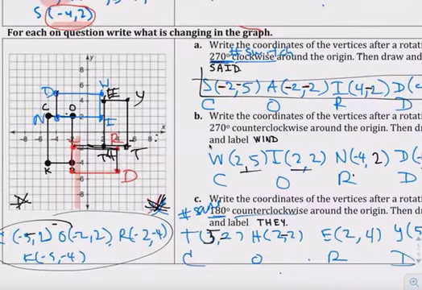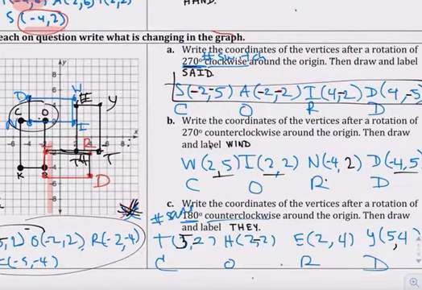So, 270, chord 270. Counterclockwise would be here, I believe. So then I put it, it's in this quadrant and that quadrant, they're all positive. So I changed nothing, left it alone.